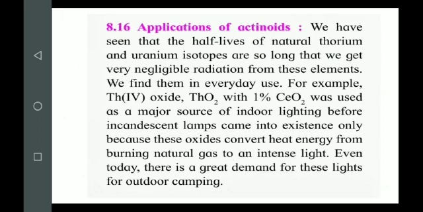People who are going camping or hiking take these kinds of lamps. 1% cerium oxide is very important, because if we do not mix it, the light we get from these lamps will be very poor. So the 1% cerium oxide enhances the light we get from this thorium oxide lamp.